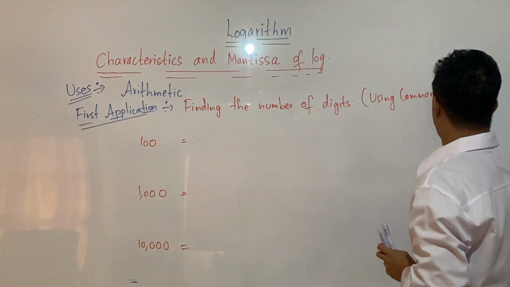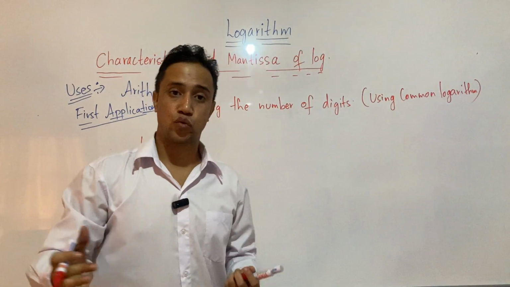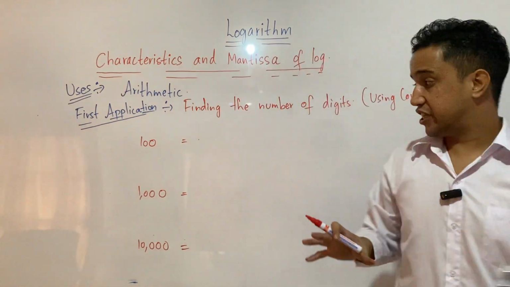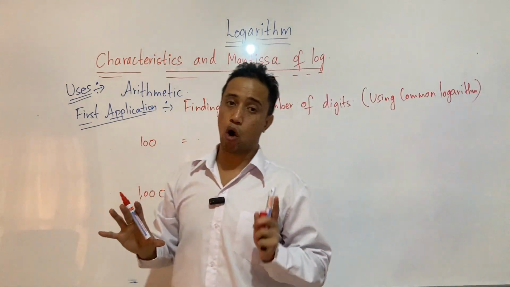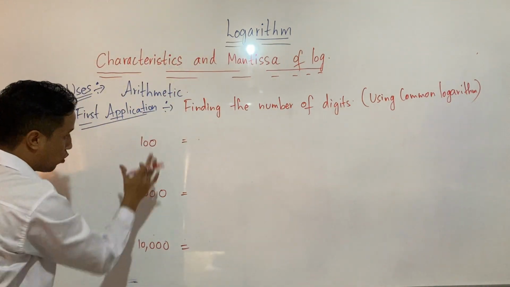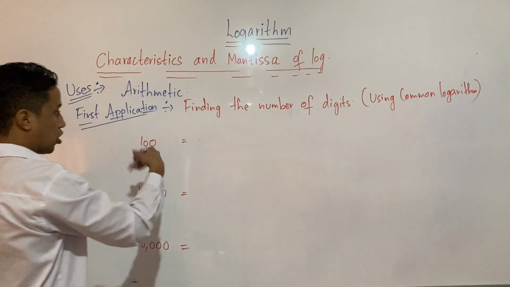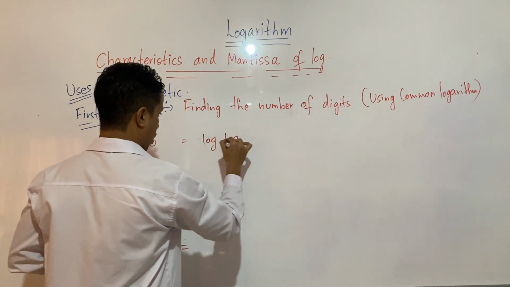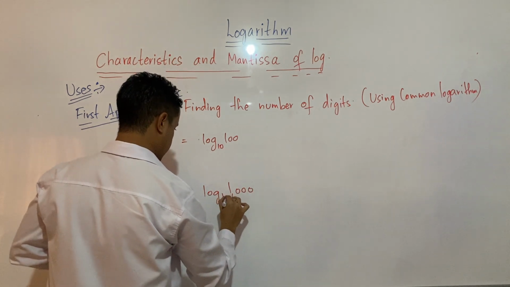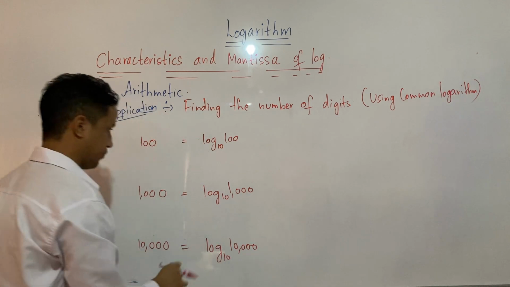The application we are going to do holds true only when we use the common logarithm. So now see here, if we take the common log of these numbers, here log of 100, here log of 1000, and here log of 10,000 to the base 10.